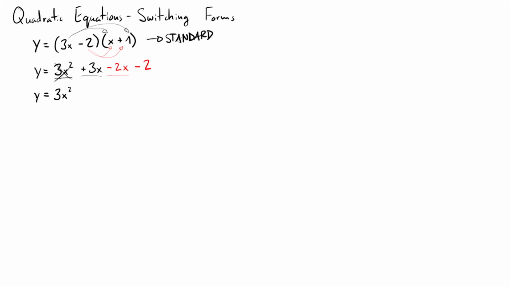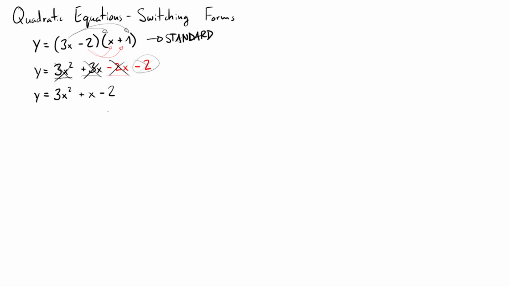Okay, so plus 3x minus 2x, that's going to give us plus 1x, or just plus x. And again, we can scratch out these terms if we want to make sure that we don't use them again. And finally, we have our constants, in this case, just negative 2. So we can write that down, and we have our final answer, 3x squared plus x minus 2.